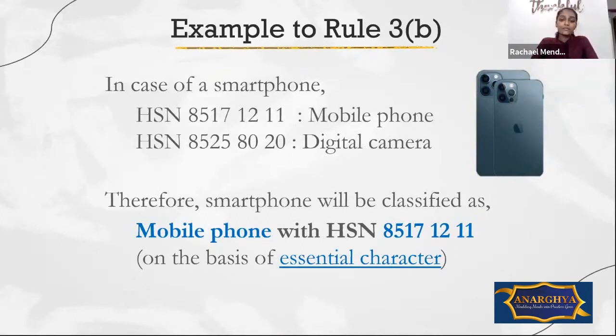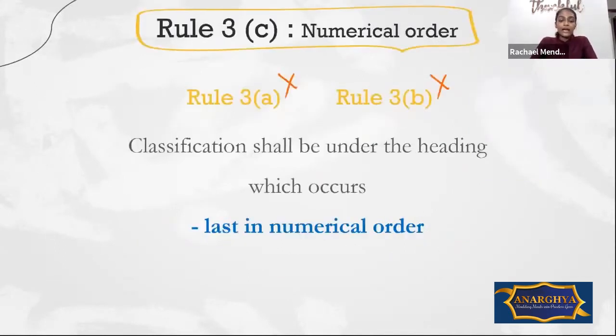If by any chance the product in your hand is not capable of being classified under Rule 3A or under Rule 3B, you're required to move on to Rule 3C. And Rule 3C says that you need to find the headings of each of the components of your product, list them down, and find the heading which is last in the numerical order.